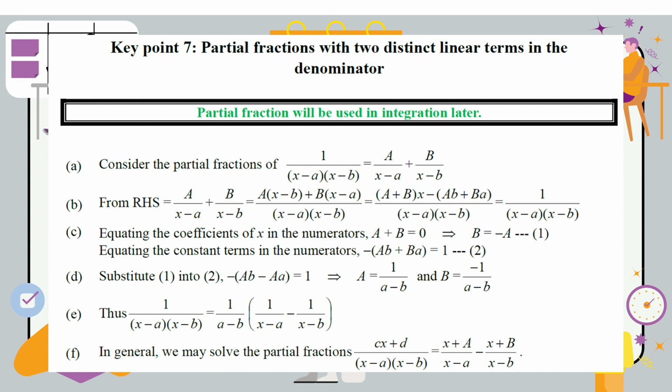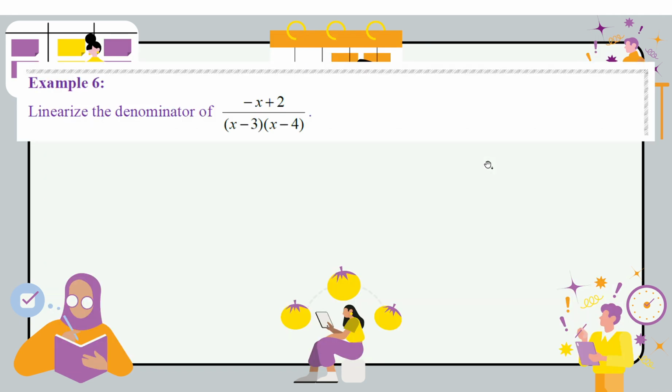With numbers, you can do it too. In the exam, they'll give you the numbers, and they'll give you what capital A and capital B are too. Bring your paper and try to work on it. Linearize means not quadratic: make it x minus 3 for one fraction and x minus 4 for another fraction. Try to work on it.